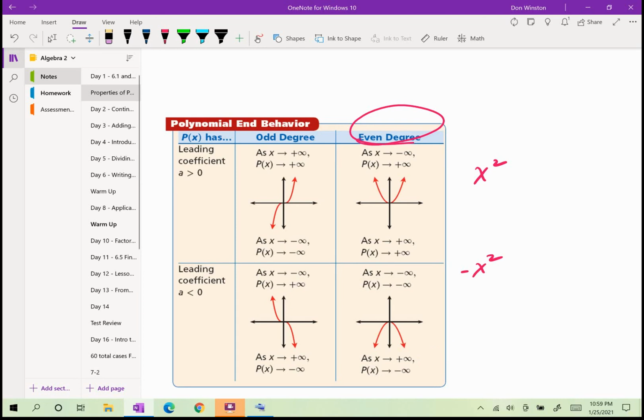Now for odd degree, as I've mentioned before, the end behaviors go in opposite directions. If the leading coefficient is positive, for example, f of x equals x cubed, as x goes to positive infinity, y goes to positive infinity. As x goes to negative infinity, y goes to negative infinity.